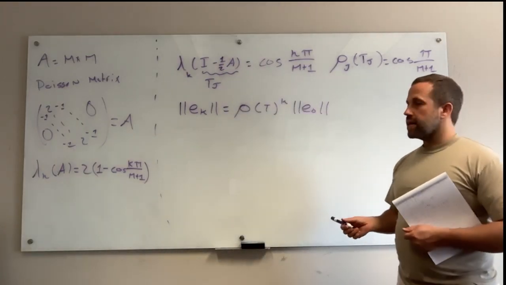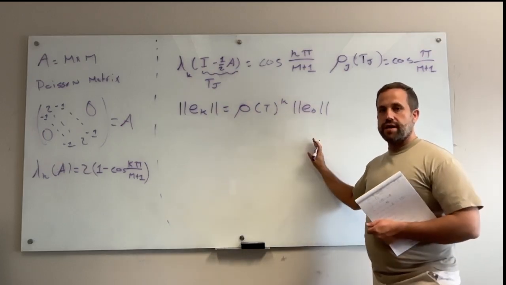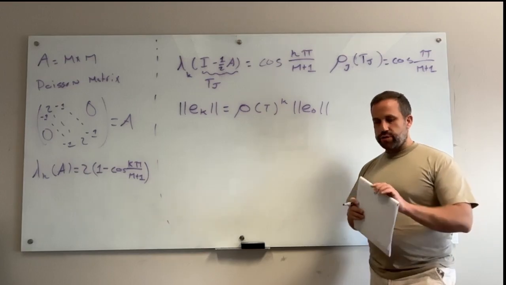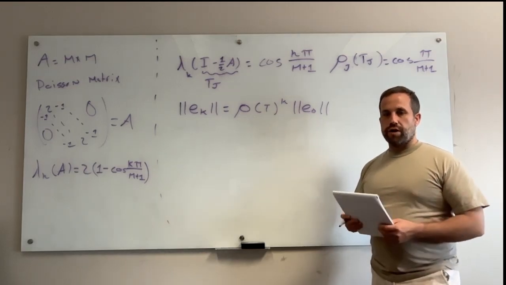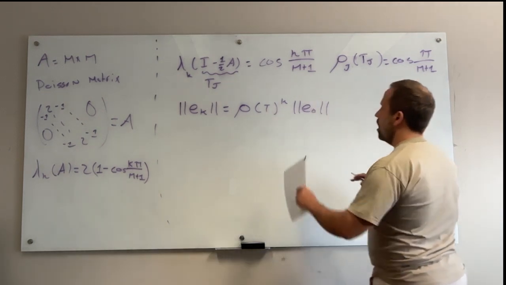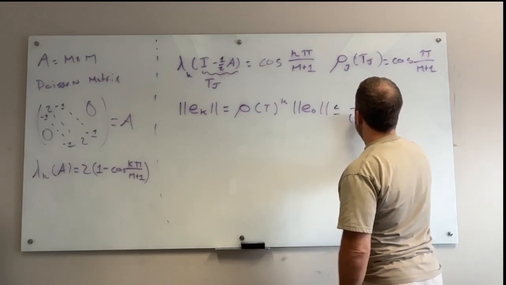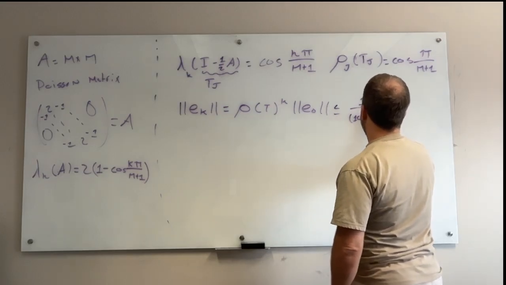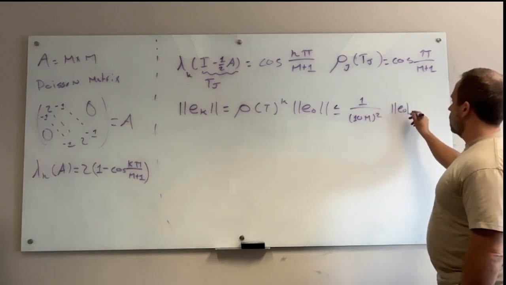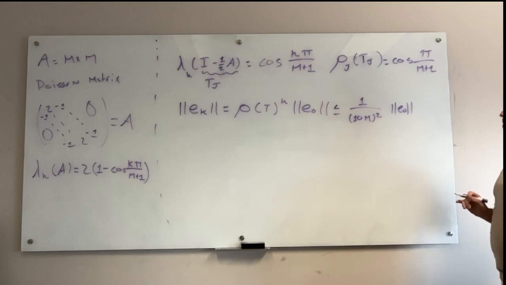In addition, if you think about e sub 0, if you start off with x naught being the initial vector, you can get a rough estimate on the magnitude of e naught, and it's going to be roughly 1 over m squared. So what we want is to pick a big enough k so that this is less than or equal to 1 over 10 m squared times the initial error, where this is roughly m to the minus 2.